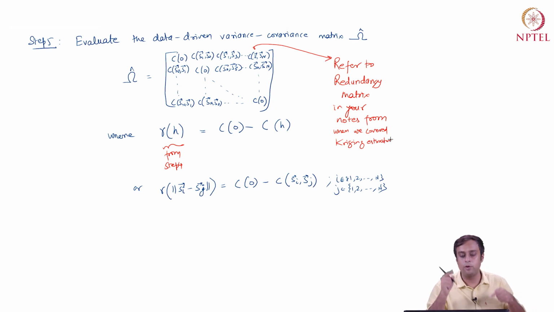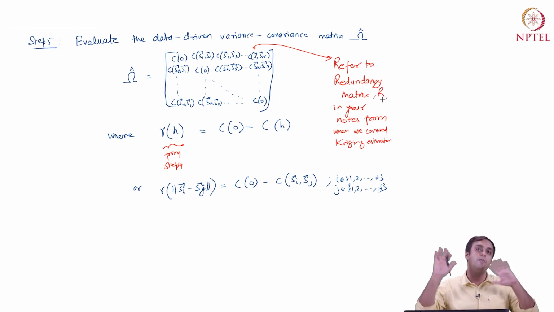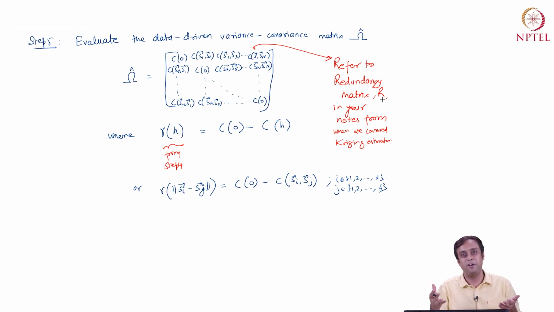Okay, we explicitly wrote this matrix. It's called a redundancy matrix, and we even called it R. So you can go back and look at R. It's exactly the same matrix that we have used for spatial interpolation. The beauty here is that now we are integrating the same idea that we used for spatial interpolation into spatial regression, and we are getting away with the inefficiency of our least squares estimators by doing so.